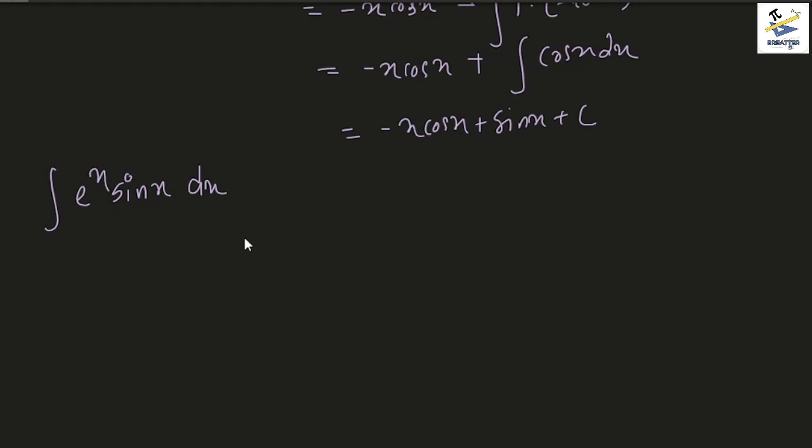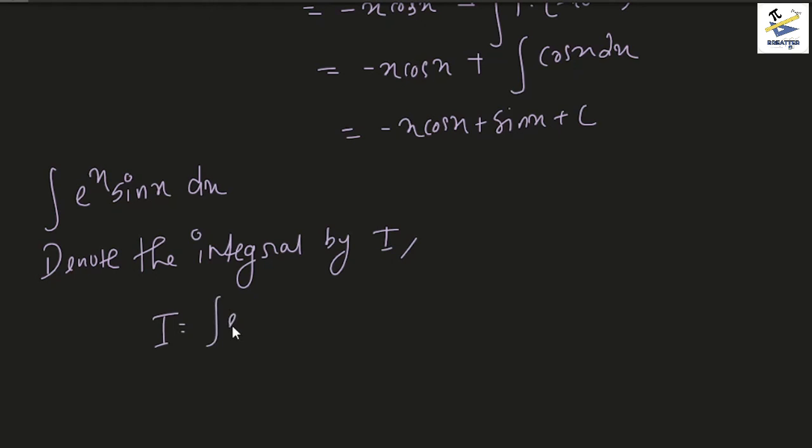Okay, let's see. Denote the integral by I. Then what we have is I is equal to the integral of e to the power x sin x dx.